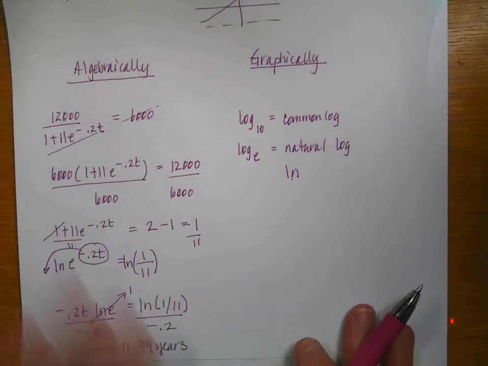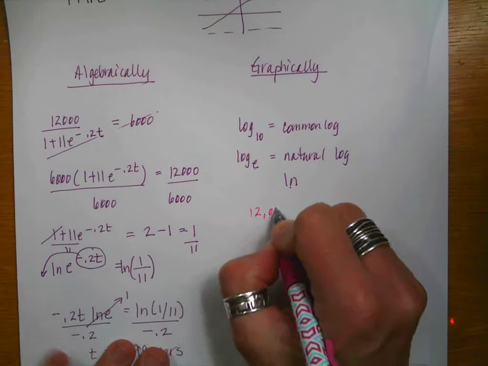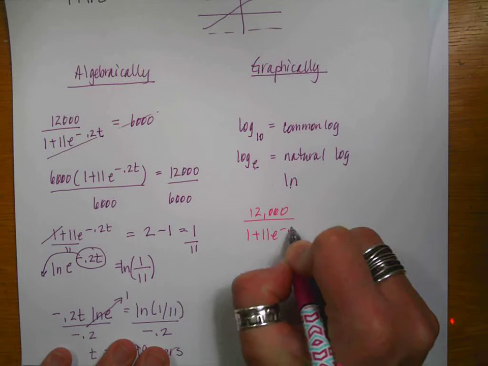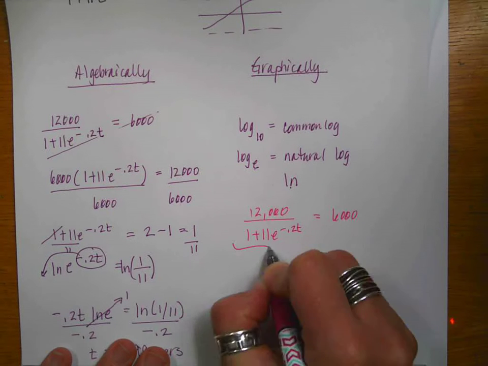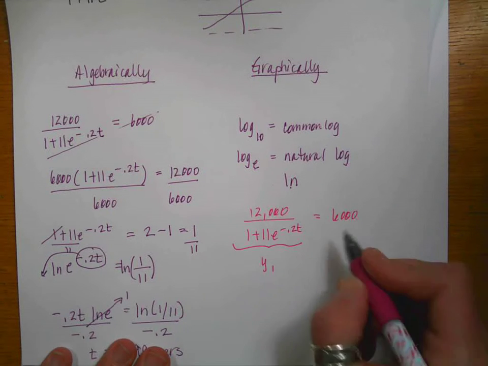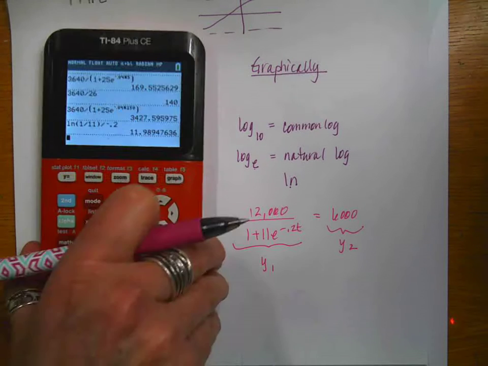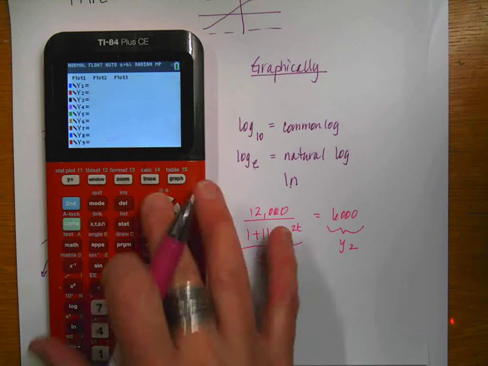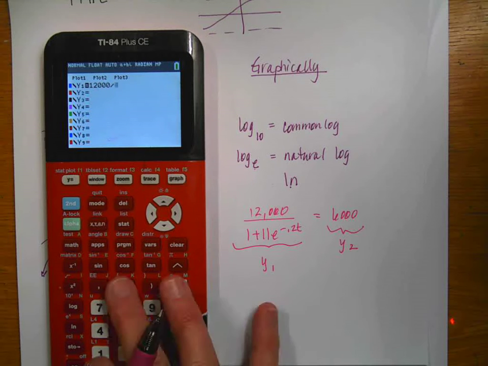So sometimes, instead of doing the algebra, we attempt to solve the problem graphically. I'm going to go back to this equation. So I have 12,000 over 1 plus 11e^(-0.2t) equals 6,000. Just like we've done with other ones, this is going to be y1, and this is going to be y2. So let's go to our grapher and clear everything that's there.